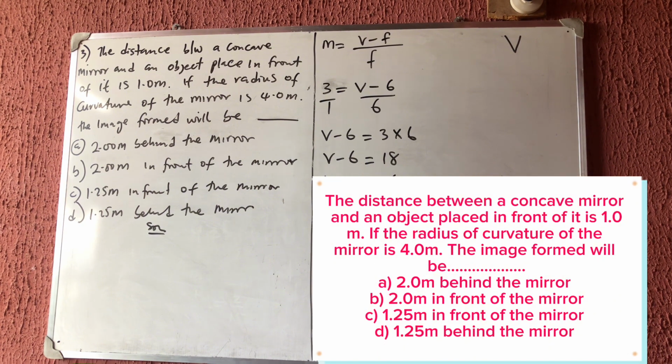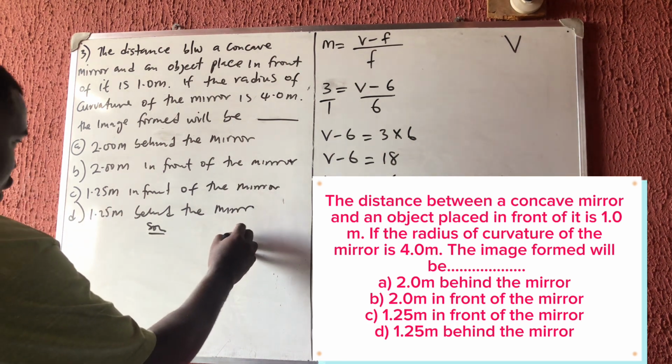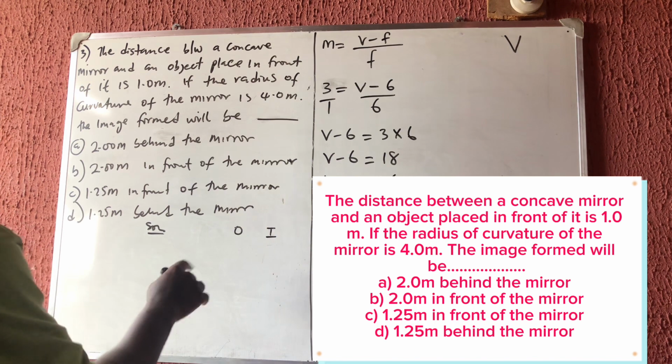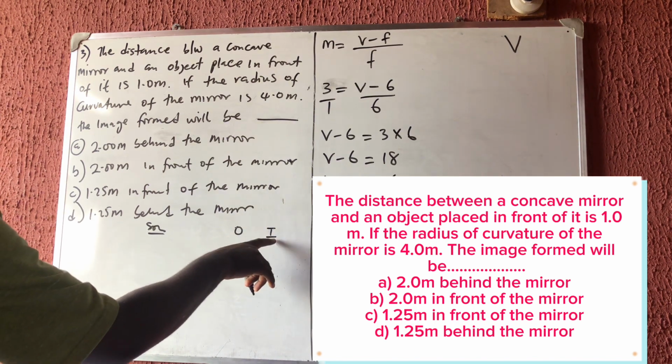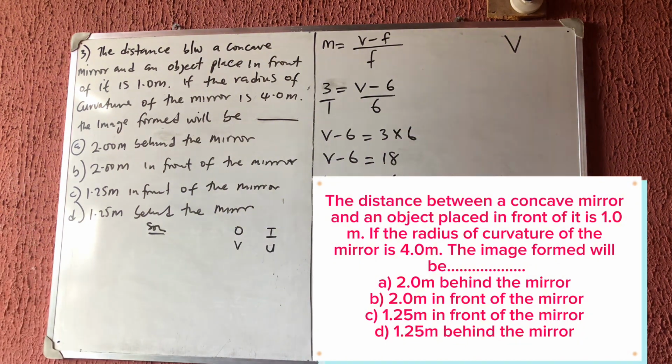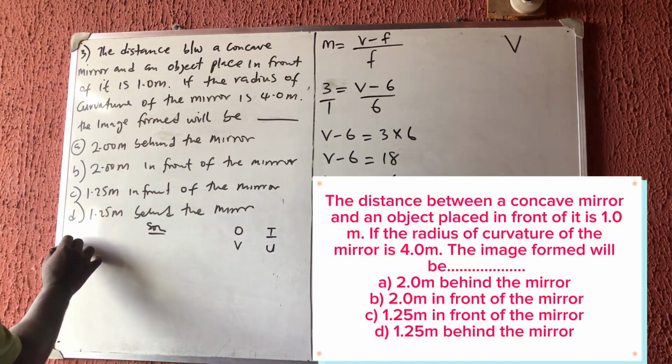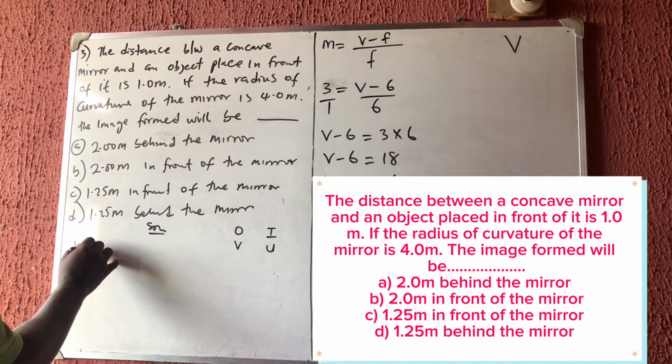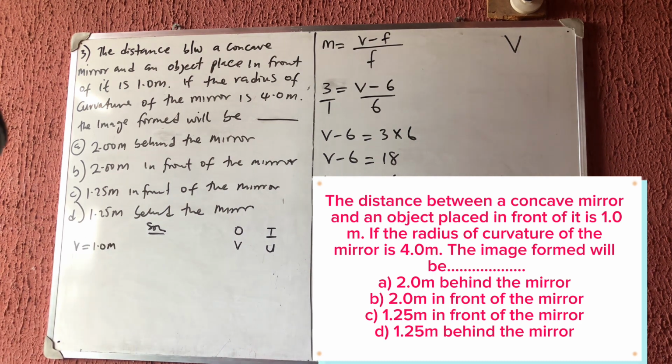What did they give us? They said that the distance between a curved mirror and an object. So the object distance. Don't forget, please write this for me. Object and the image. This is O. I comes before O. So V will be here and then U will be here. So they gave me V. The V they gave me is 1.0 meter.